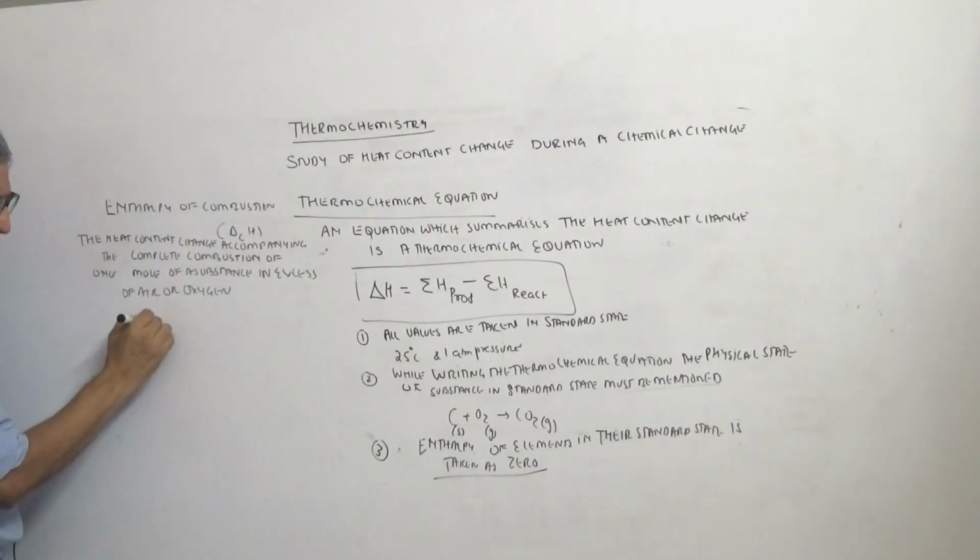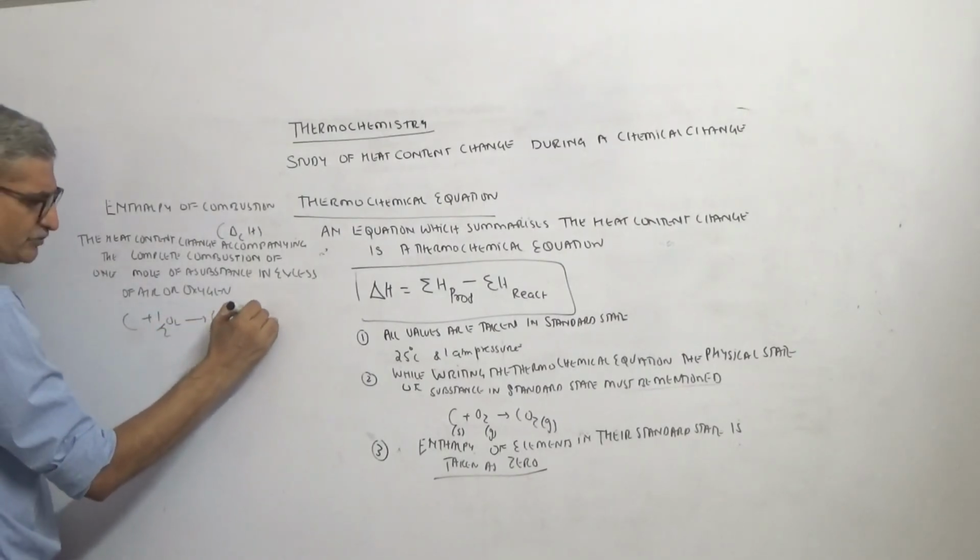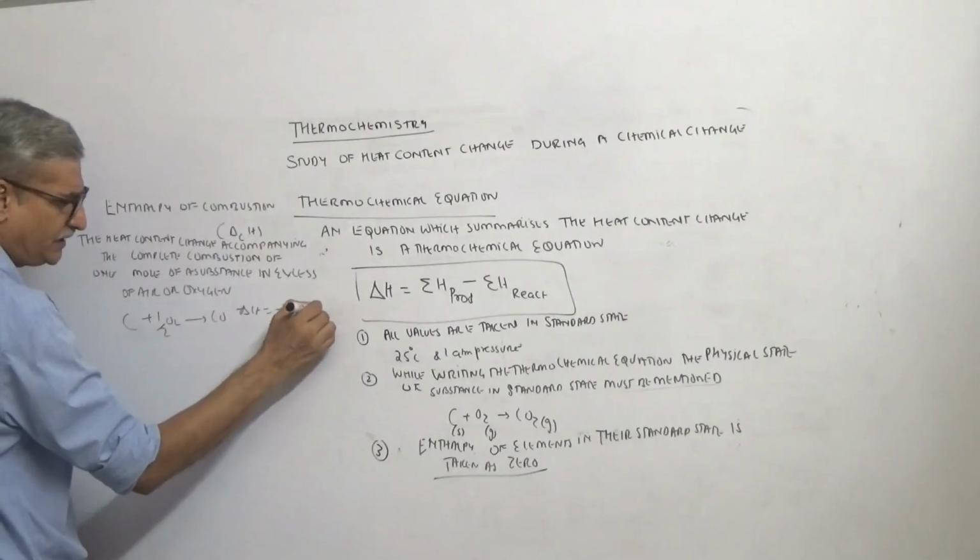So can I say C plus half O2 forms CO, the delta H value is minus 220 kilojoule.